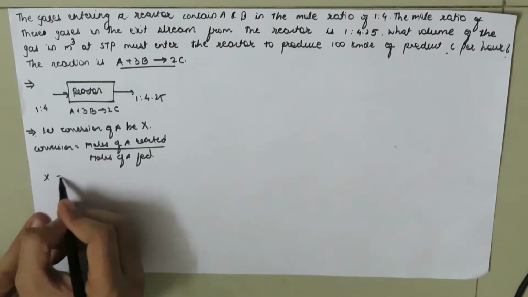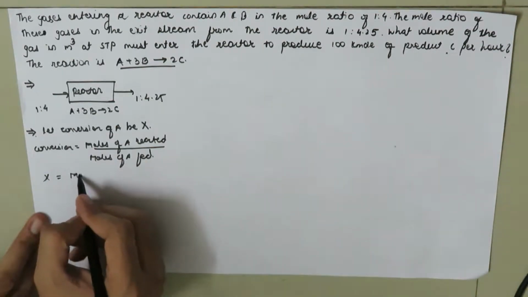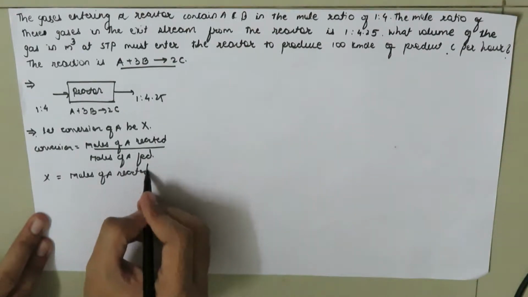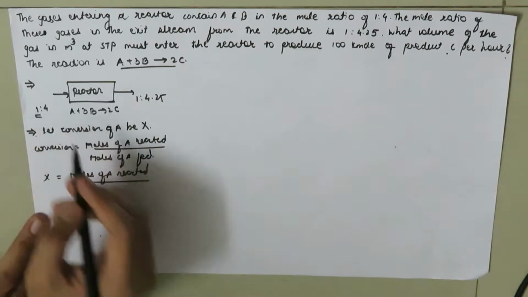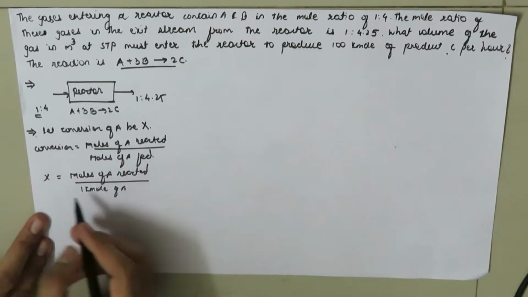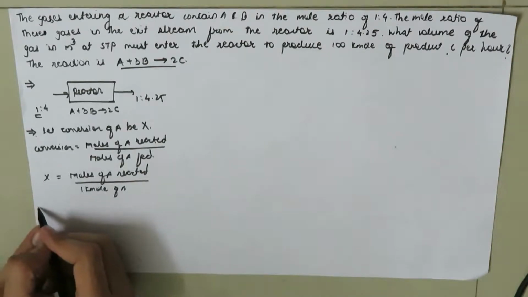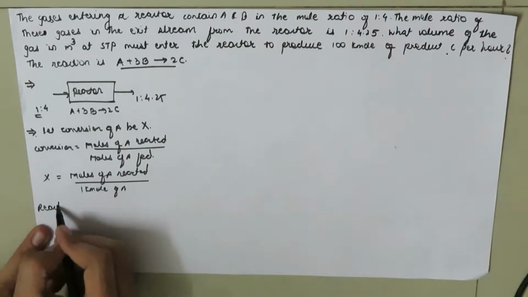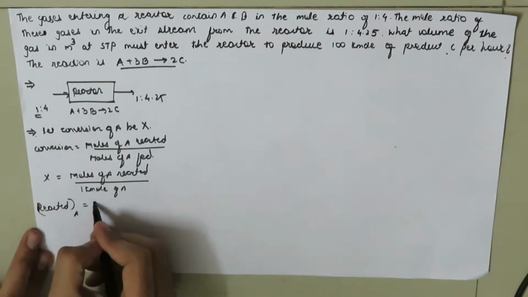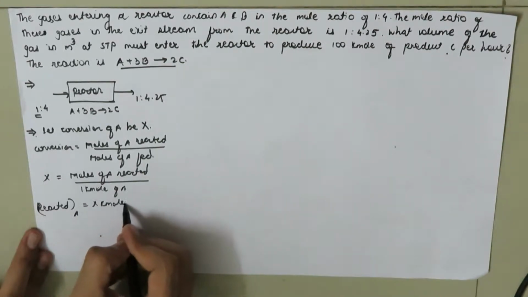So if the conversion is X, and we have the moles of A fed as 1 kilomole of A, then moles of A reacted is equal to X kilomoles.